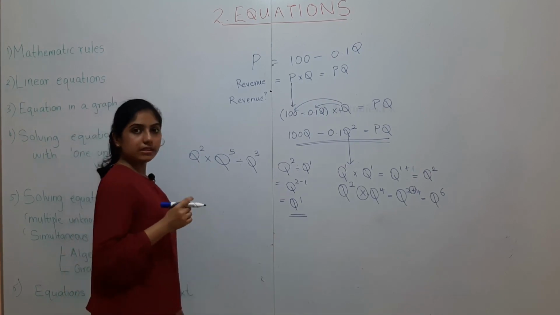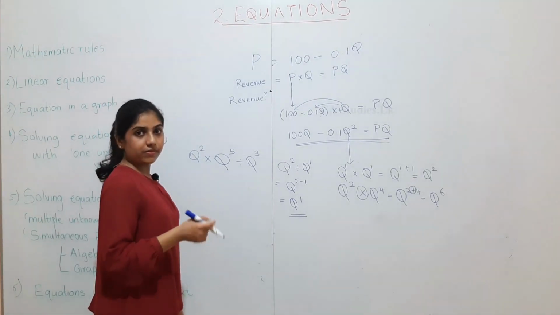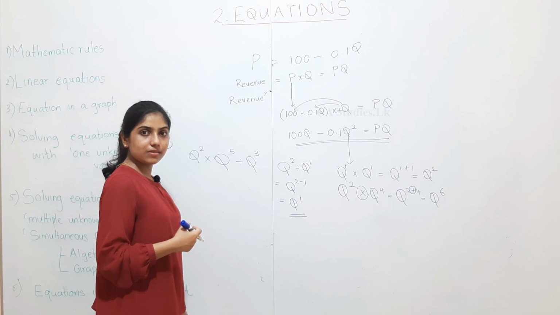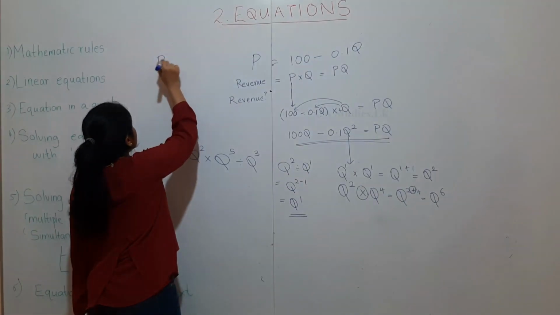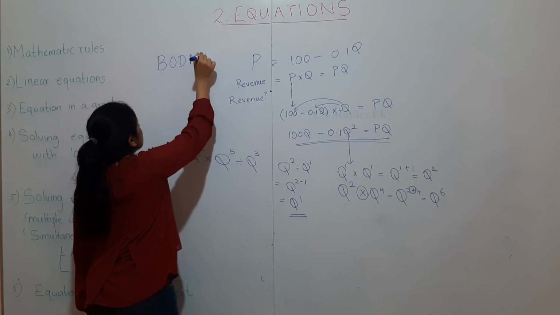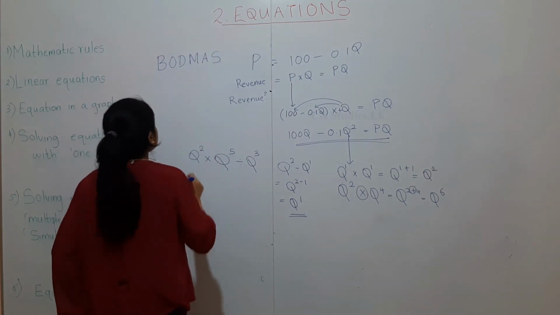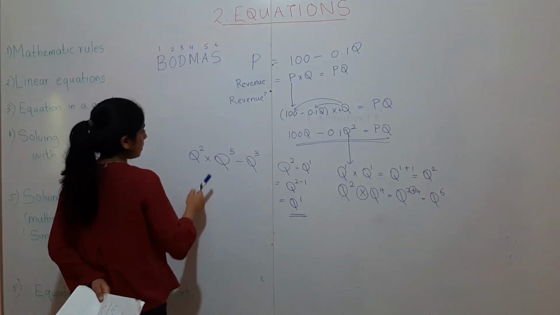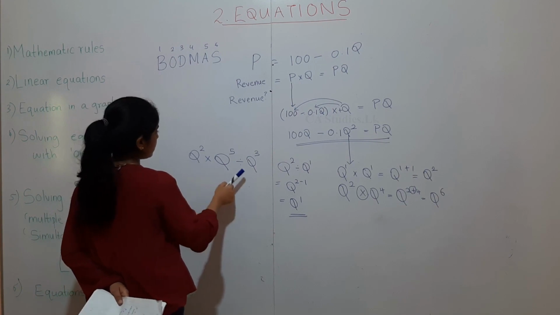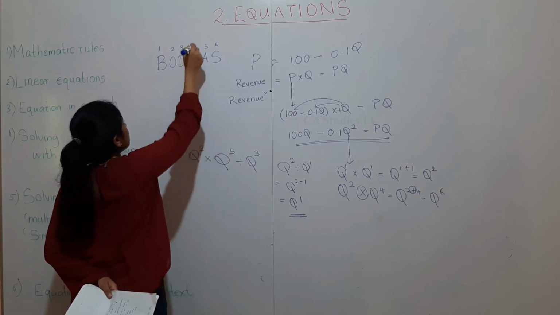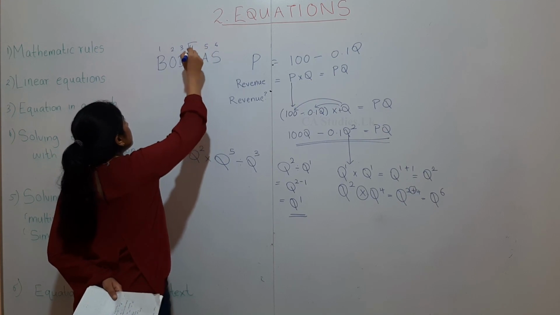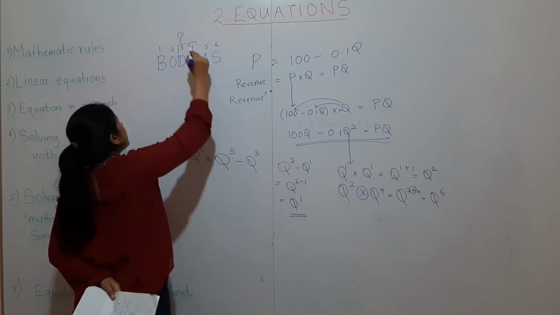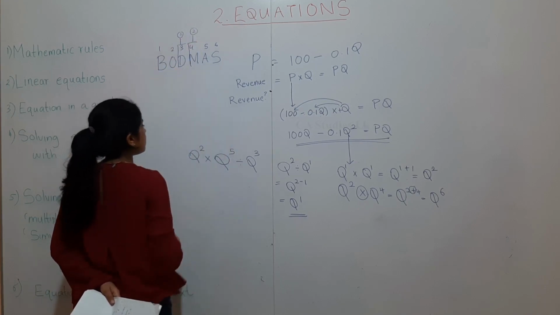Now, I told you the initial BODMAS rule, where you decide which order to follow in solving equations. Follow it. In BODMAS, there are first, second, third, fourth, fifth, sixth priorities. In this, we have multiplication and division. Multiplication is the fourth priority, division is the third priority, which makes it the first priority in this scenario and multiplication second.